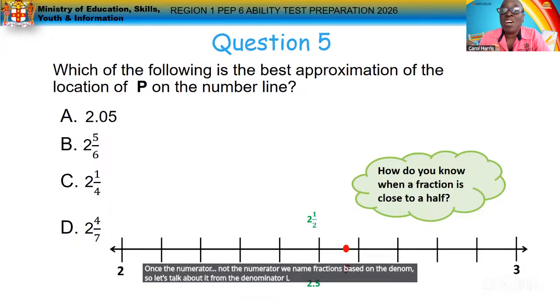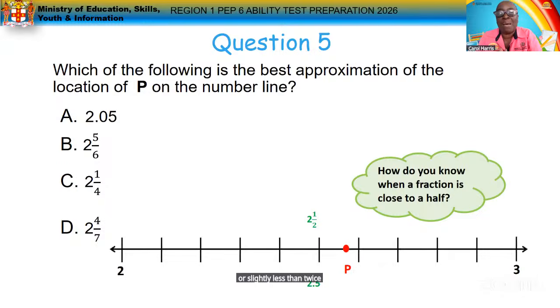Once the denominator is just about twice the numerator, then it means that my fraction is close to a half. If it's slightly more than twice or slightly less than twice, it means that I'm close to 1/2.